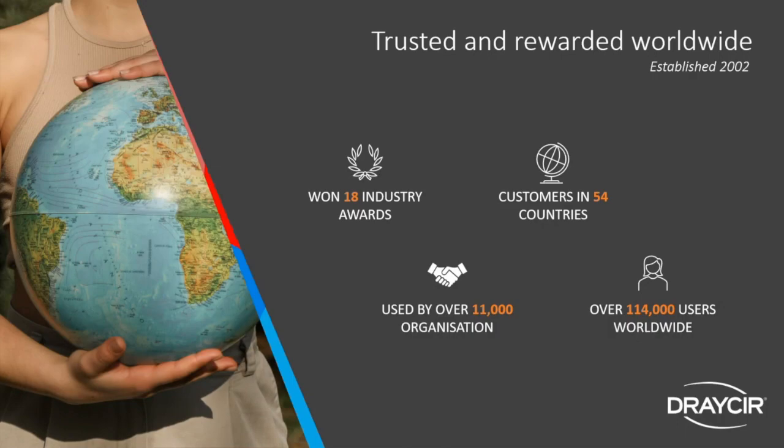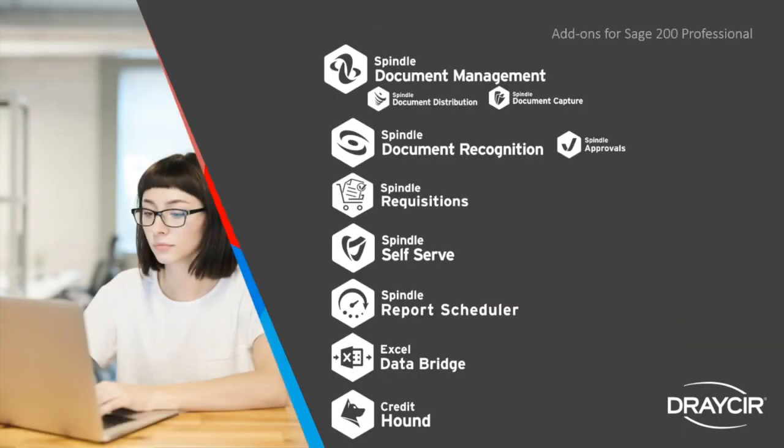You might already recognise some of the names on the screen. They're all of the add-ons that we have for Sage 200 Professional. The one we're going to focus on today is document recognition, which also comes with its own approvals, and this is solely going to handle your purchase invoices.